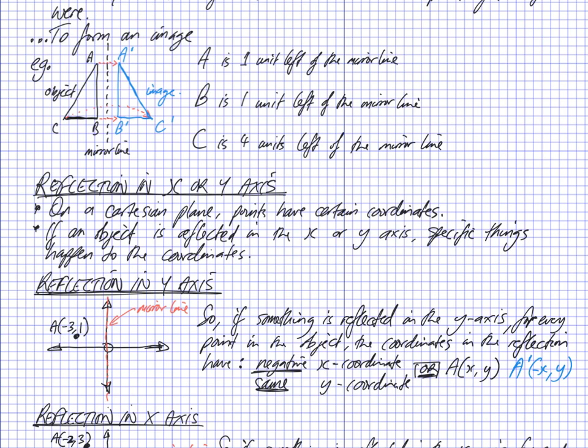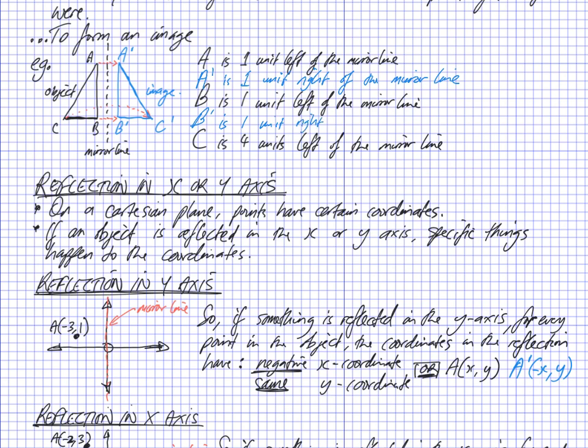A in the object was 1 unit left of the mirror line. Well, A dash, the A in the image, is 1 unit right of the mirror line. Okay? B in the image is going to be 1 unit right of the mirror line.